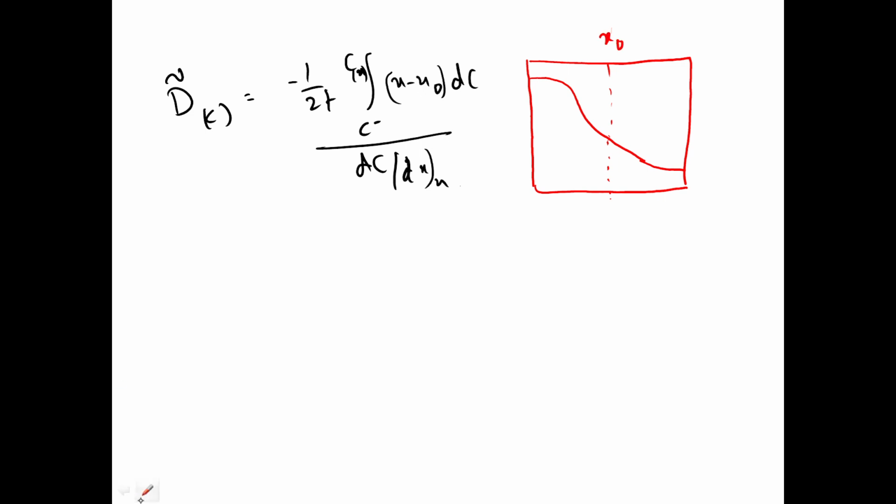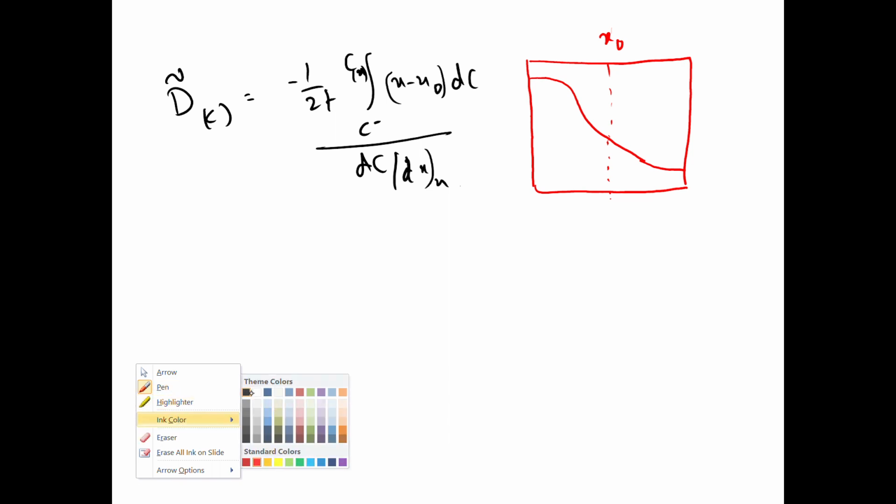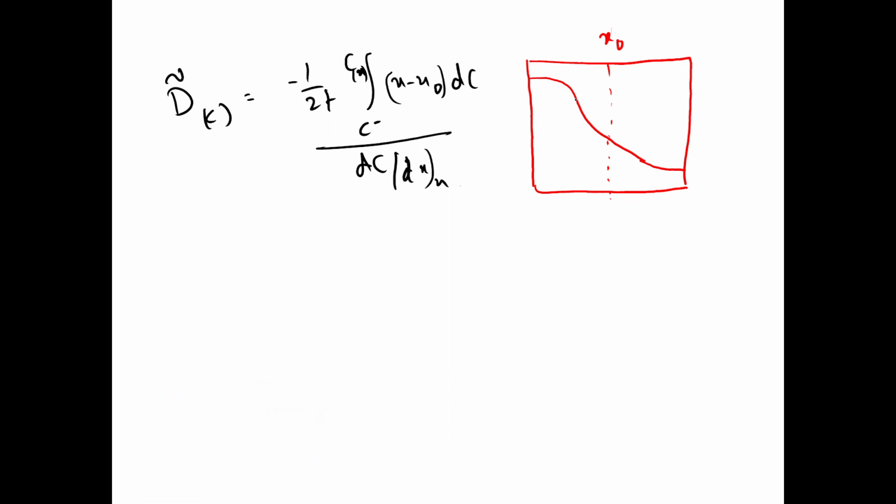Okay, so if you want to determine the interdiffusion coefficients at this point A, how will you determine it? First, you need to write it below this one so that it will be easy.